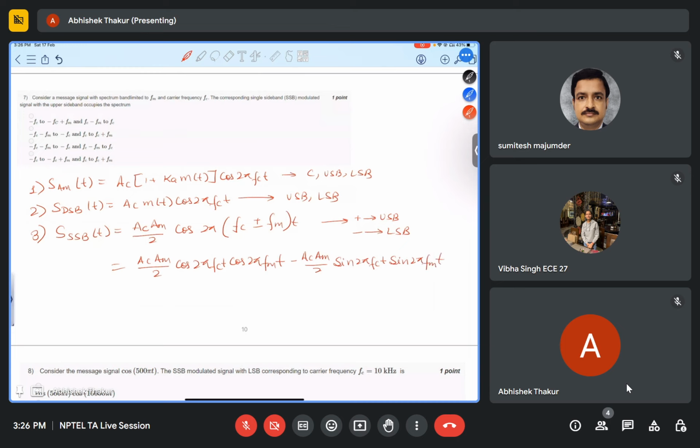Okay. So here, if it is plus, then it will become LSB because cos of 2 pi (fc minus fm) t, then it will come plus sign. If it is minus, then it will be USB.